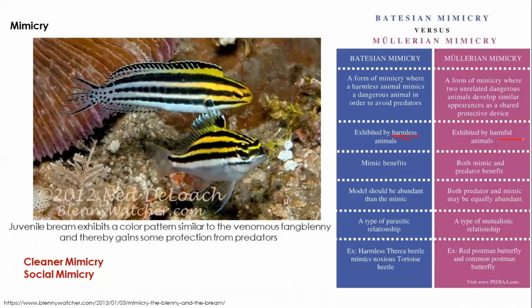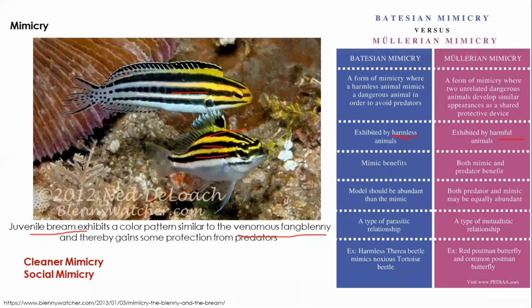If you look at this example in bees, honeybees, then it is more clearly understandable. However, I do not want to give butterfly and bee examples. I will give you one example here for fish, where the juvenile bream fishes exhibit a color pattern similar to the venomous fang blenny. Unless you are a fish expert, if you are just looking at the pattern, you will see that the pattern is more or less similar in both the fishes, right?